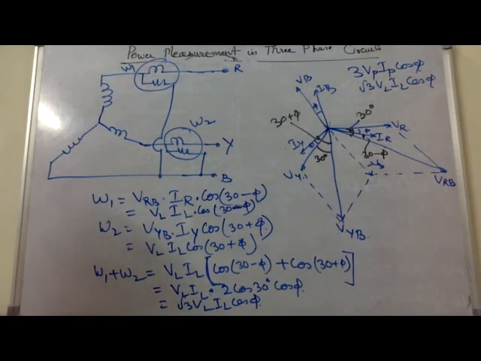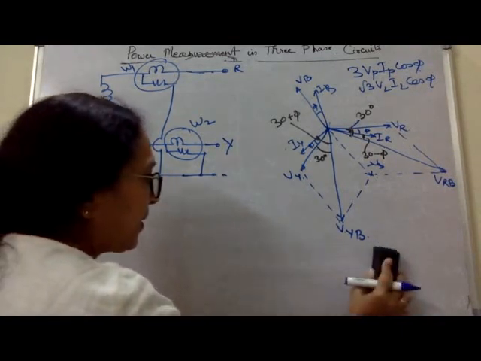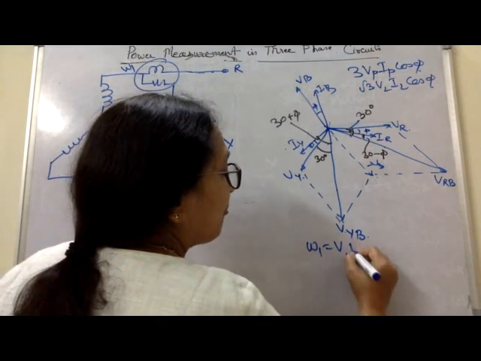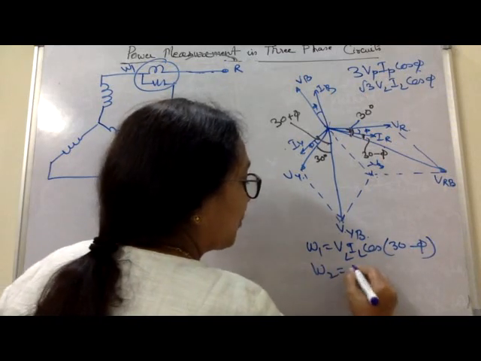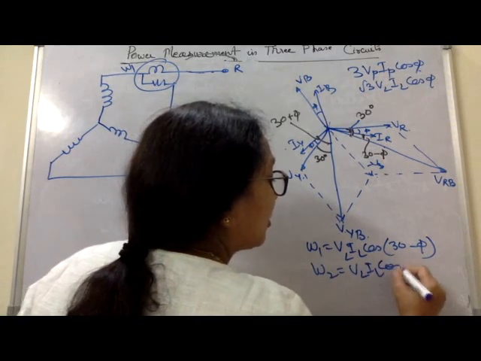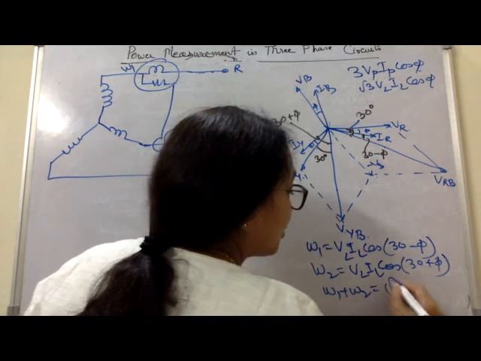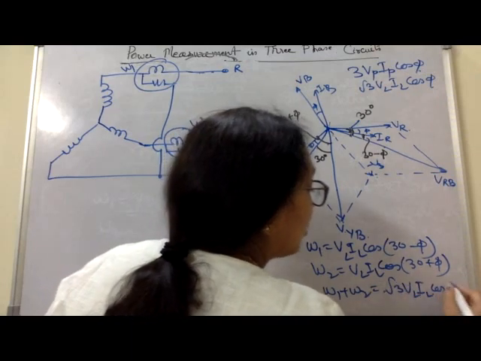Now to calculate the power factor, we will calculate W1 minus W2. What we calculated is W1 equal to VL IL cos (30 minus phi), W2 equal to VL IL cos (30 plus phi), and W1 plus W2 equal to root 3 VL IL cos phi.